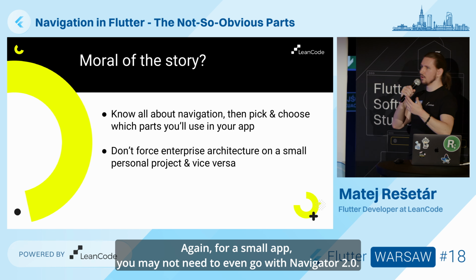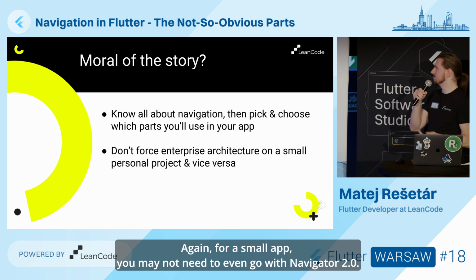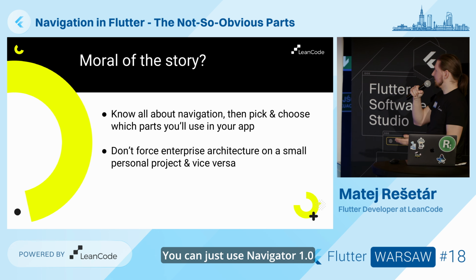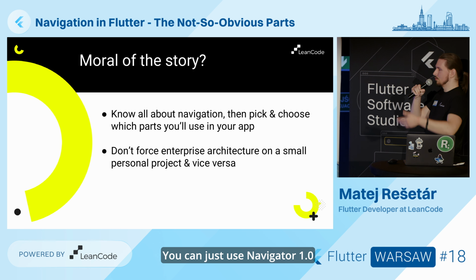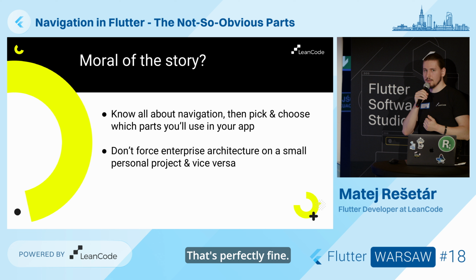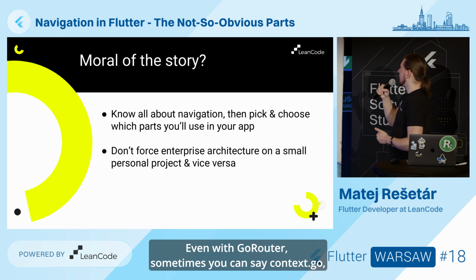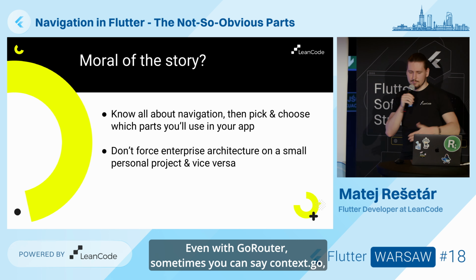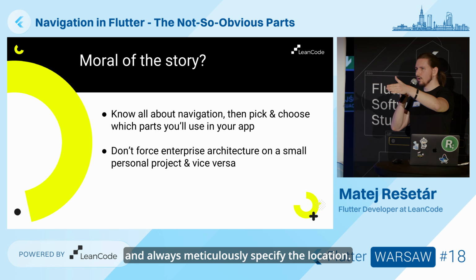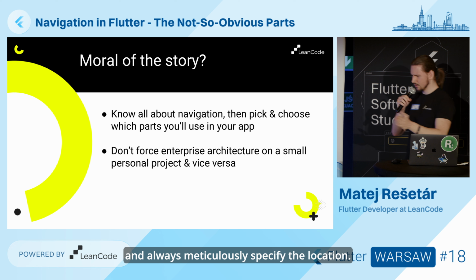So again, for a small app, you maybe don't need to even go with Navigator 2.0. You can just use Navigator 1.0 with different combinations of onGenerateRoute and the routes map. That's perfectly fine. Even with GoRouter, sometimes you can say context.go and always meticulously specify the location.